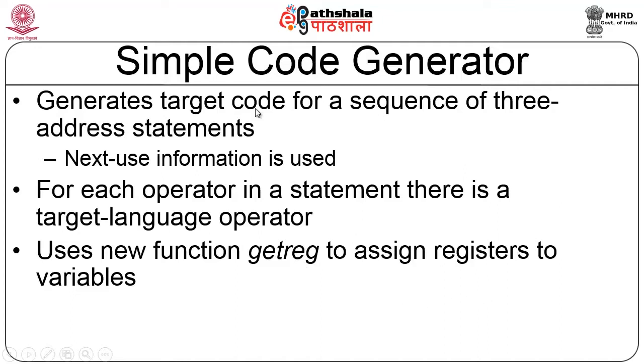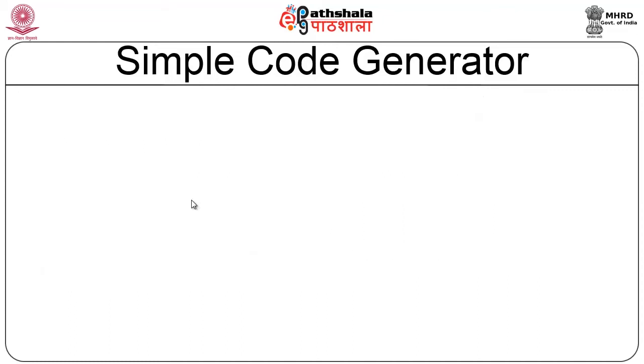So these three are your input or the requirements for the simple code generator, where the input will be 3 address statements, and using the next use information will also be available there. And along with that, we are under the assumption that for every operator in a statement there is a corresponding target language operator, and it uses the new function getRegister to assign registers to variables.